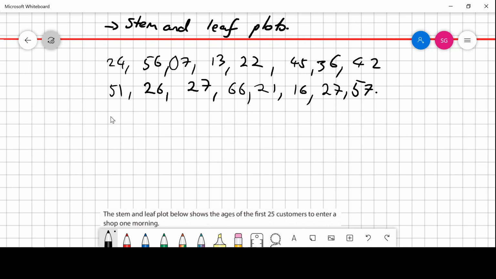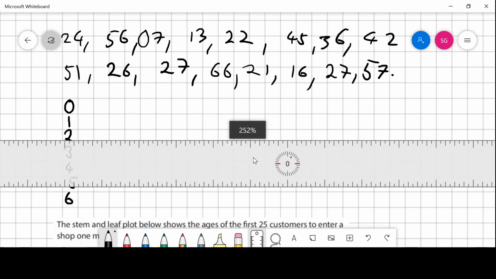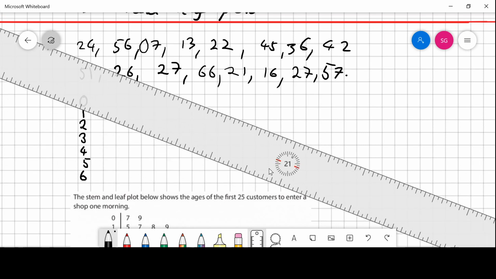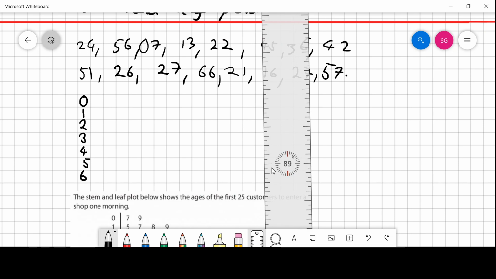So what we've done is we've created a thing called a stem and leaf plot, a stem and leaf diagram, to simplify this kind of information. What we do is we create a stem first.